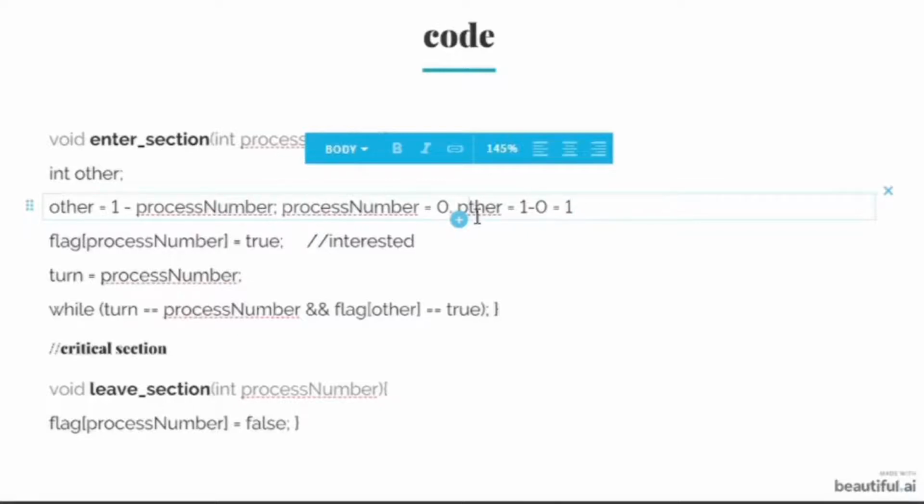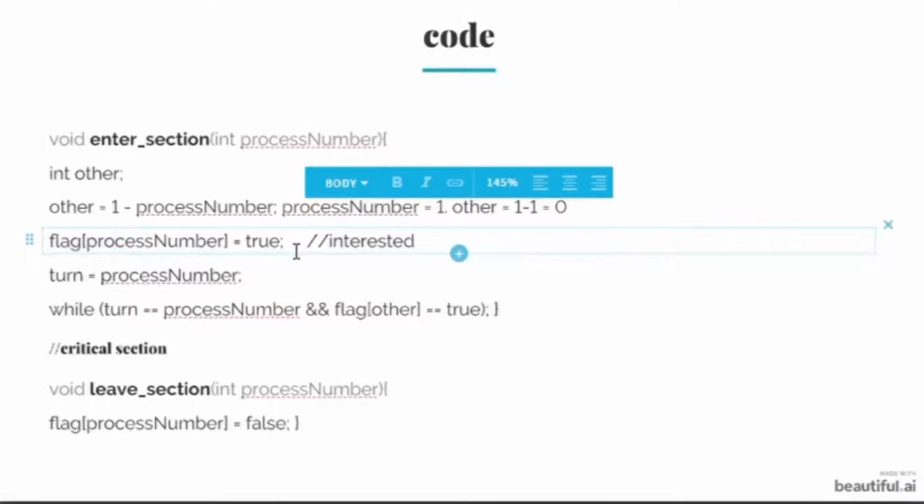Oops, there is a typo here. Okay, so in this case, other is equal to 1. If the process number is 1, then other is going to be 1 minus 1, which is going to give us 0.